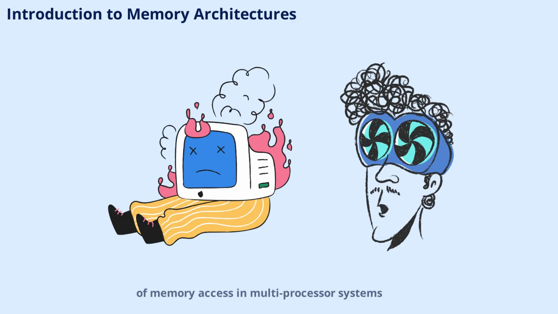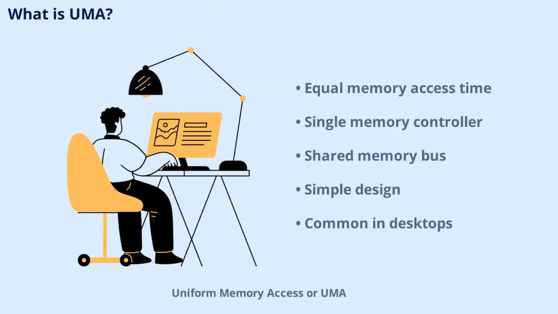Let's start by exploring the basics of memory access in multiprocessor systems. Uniform memory access, or UMA, is a memory architecture where all processors in a multiprocessor system share the same physical memory and have equal access time to any memory location. This means that no matter which processor requests data, the latency and bandwidth are consistent across the system.